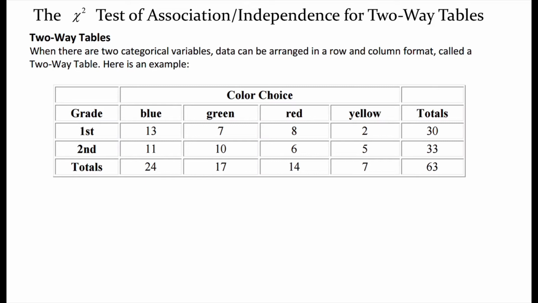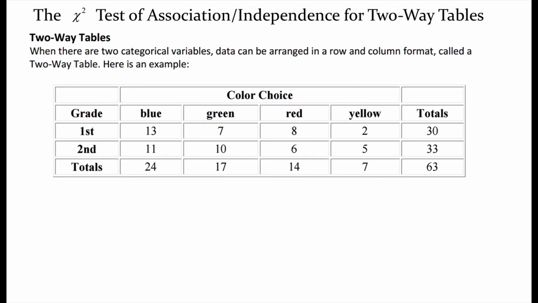Data can be arranged in rows and columns, called a two-way table. Okay, so the question says, is there an association between color choice and the grade they're in? I'm guessing this is favorite color choice, and grade they're in.